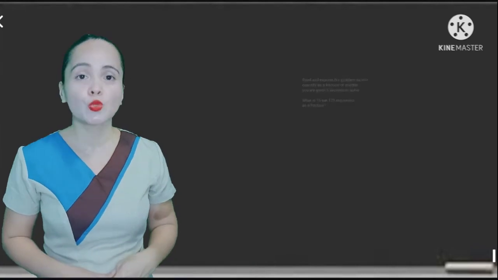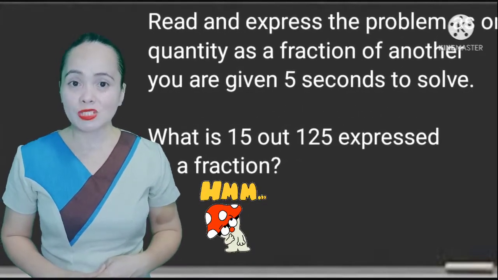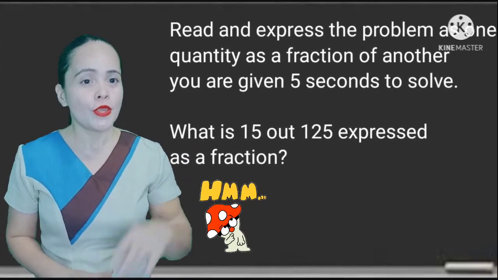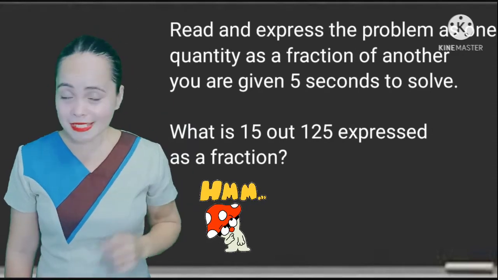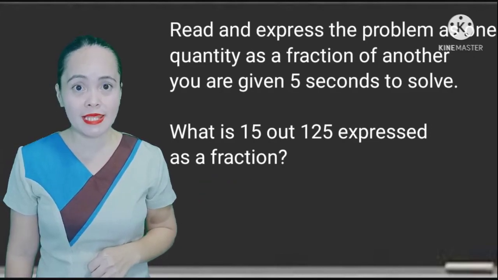Now I want you to work on this problem. So read and express the problem as one quantity as a fraction of another. You are given 5 seconds to solve. What is 15 out of 125 expressed as a fraction?